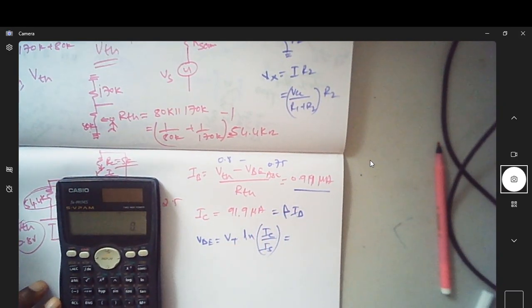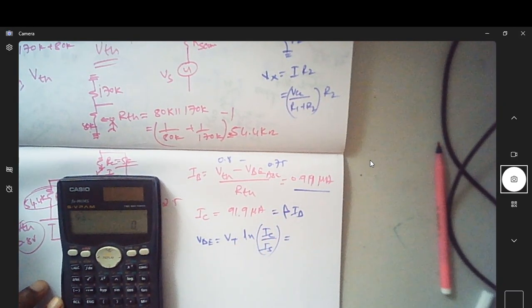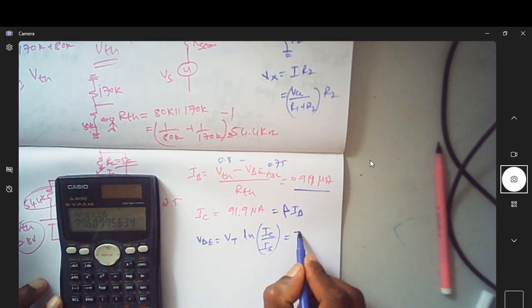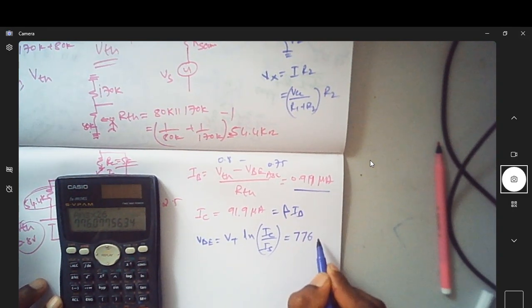So how much is this? 91.9 exponential minus 6 divided by 1 exponential minus 17, whole equals ln of answer multiplied by 26. Oh, this is coming out to be 776.07 millivolt.